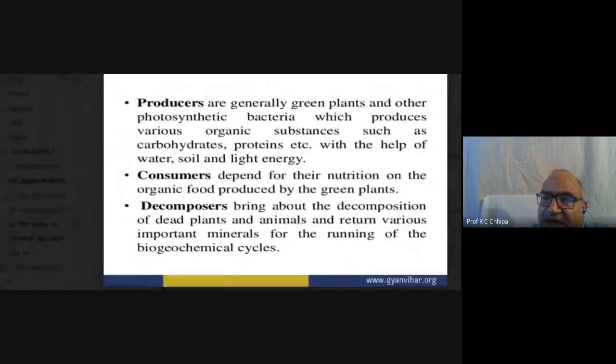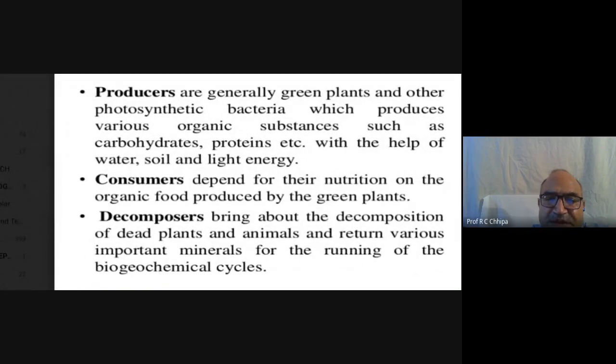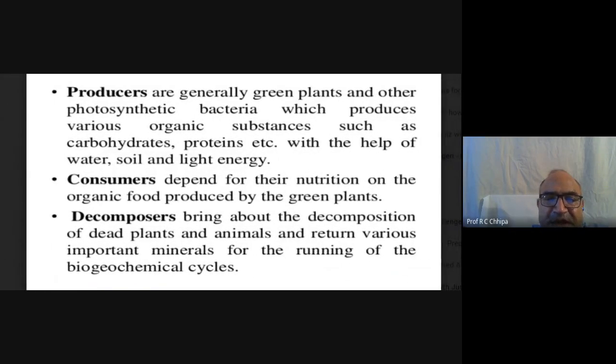So producers produce the food, the great part of the ecosystem.